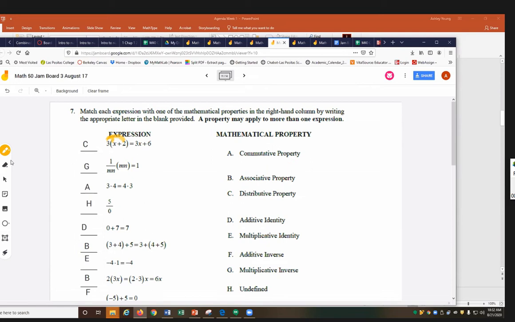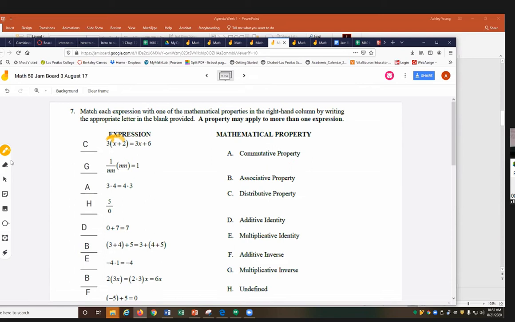And the last one is associative, because for the associative property it doesn't matter where the groups are paired in the parentheses, you still get the same result. So that would be the associative property, which is B.